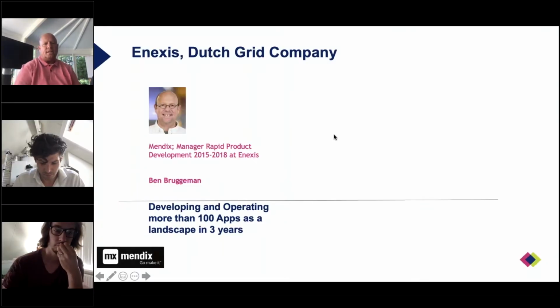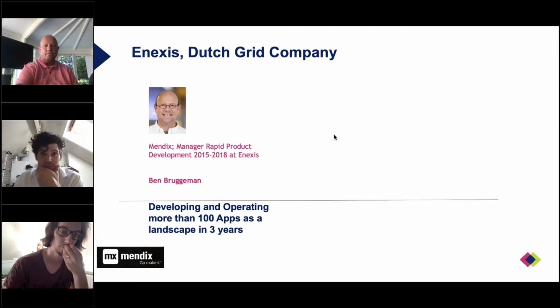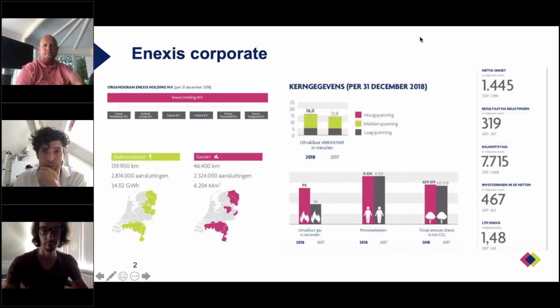As I said, my name is Ben Brugman. From 2015 to 2018, I was manager of product development, and we were able to build 100 apps in the landscape in 3 years. Just to explain who and what Enexis is: Enexis is a grid company in the Netherlands.